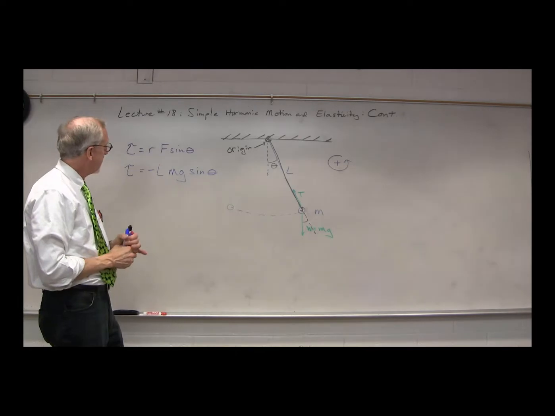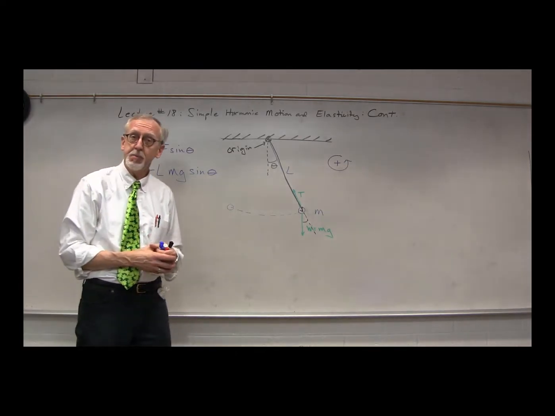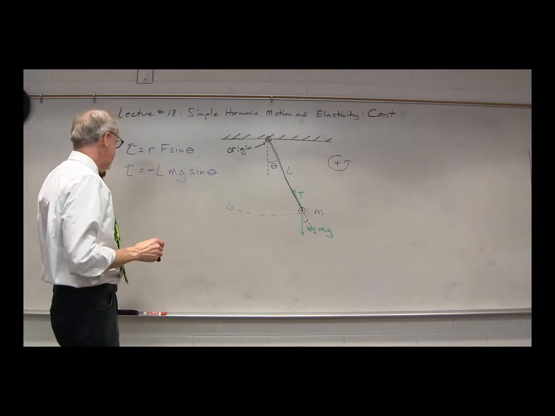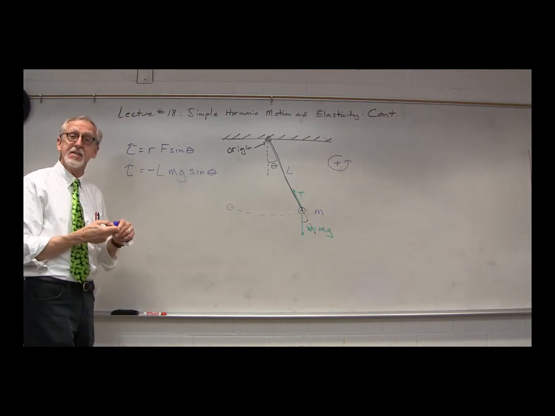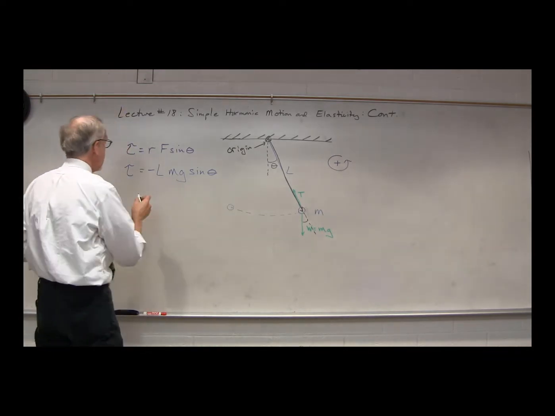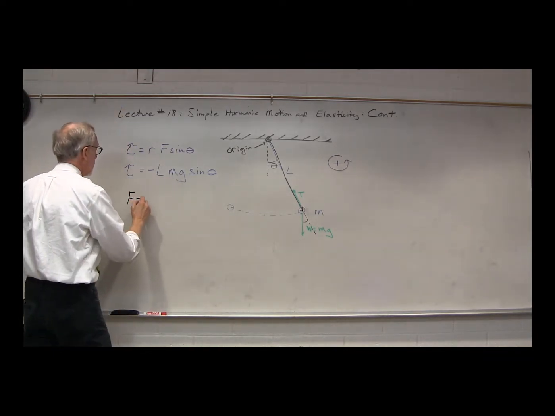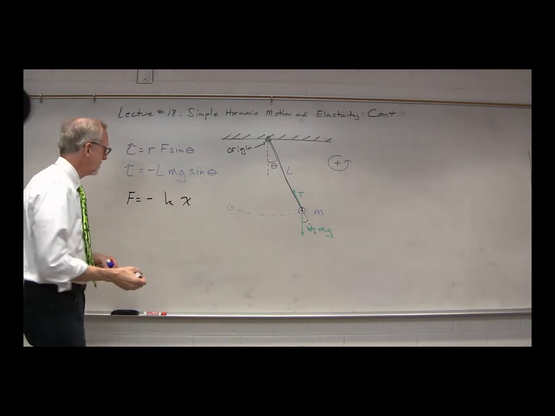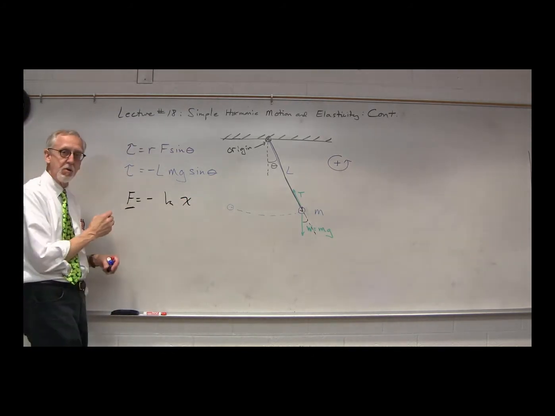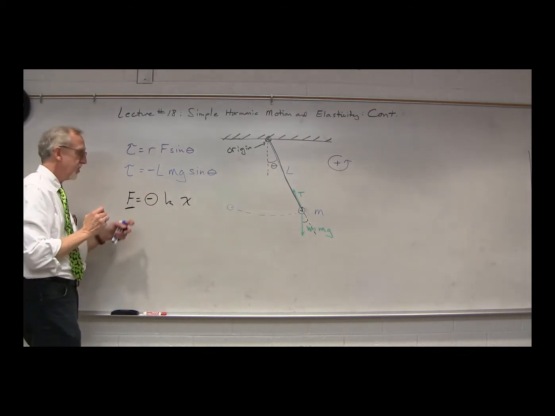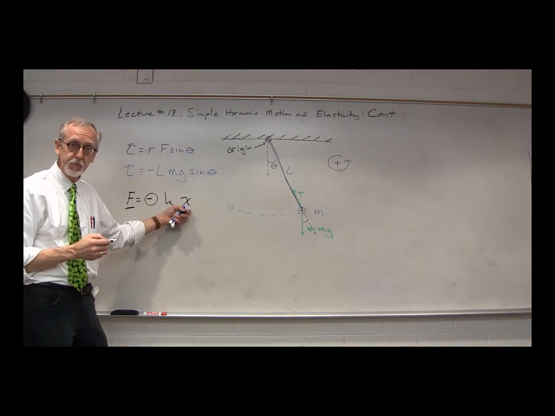Now, we can look at this and see, is this going to be simple harmonic motion or not? Well, remember when we looked at the mass on the spring, we got simple harmonic motion when we had a restoring force that looked like F equals minus kx. In other words, we know it's a restoring force because of that negative sign. The force was always opposite the displacement.